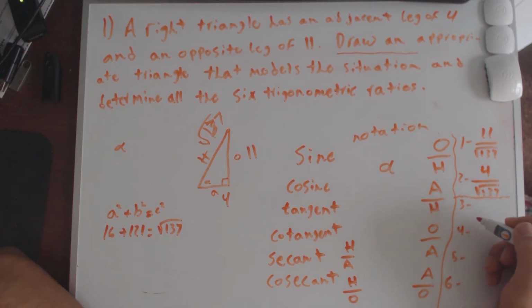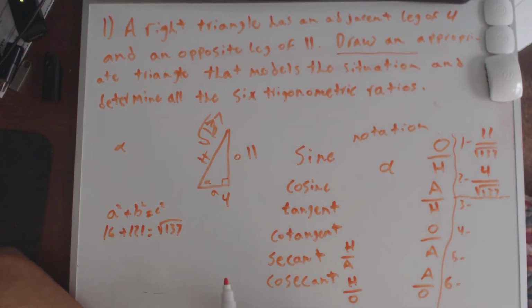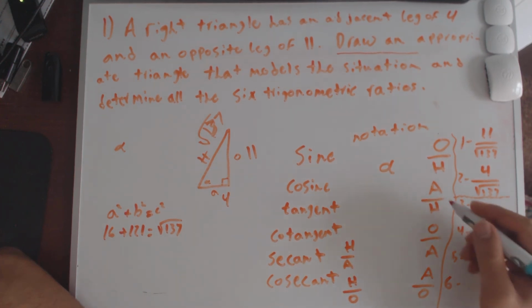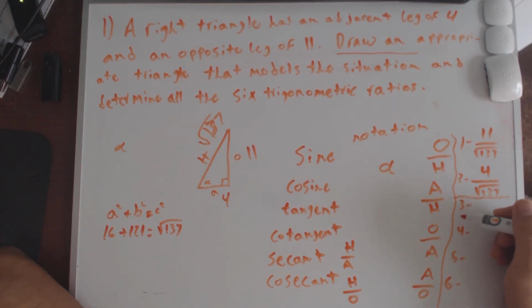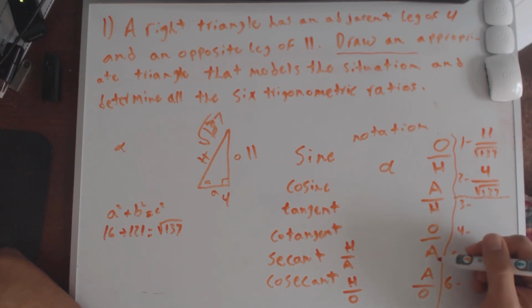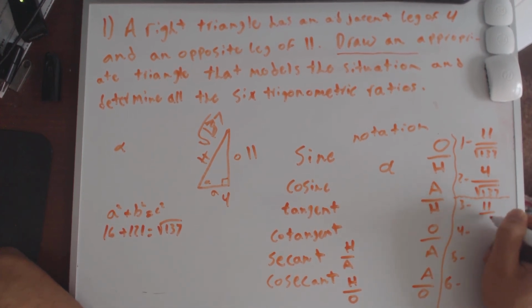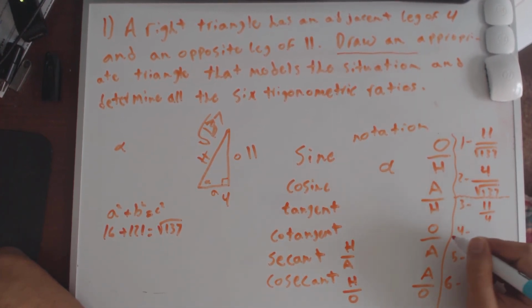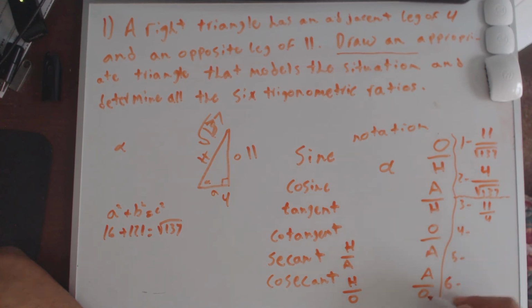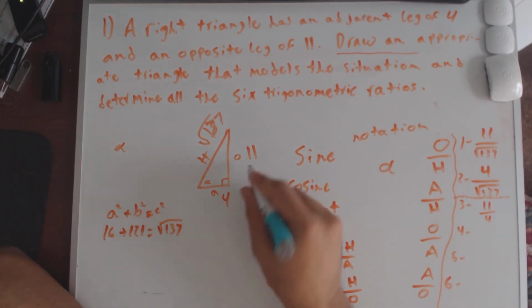And for number 3, tangent, it is opposite over adjacent, which is 11 over 4. And for number 4, cotangent, which is adjacent over opposite, it will be 4 over 11.